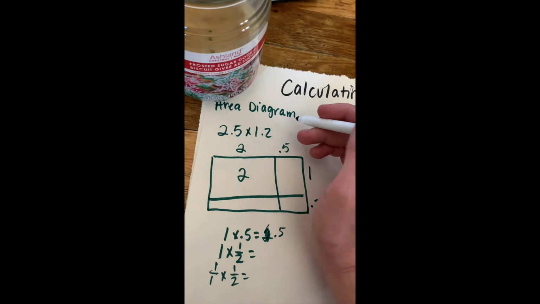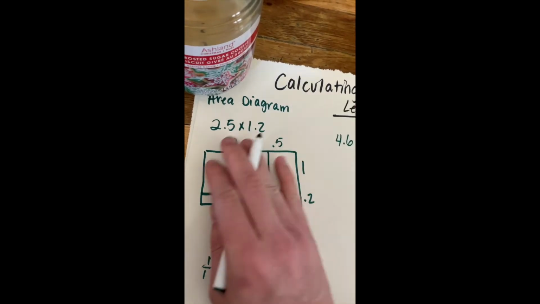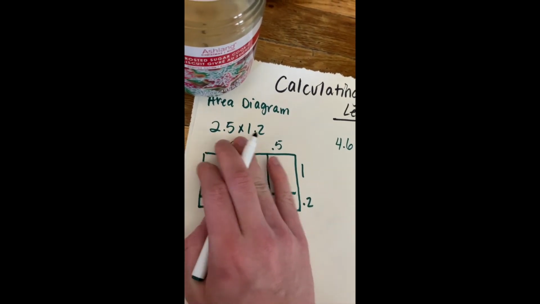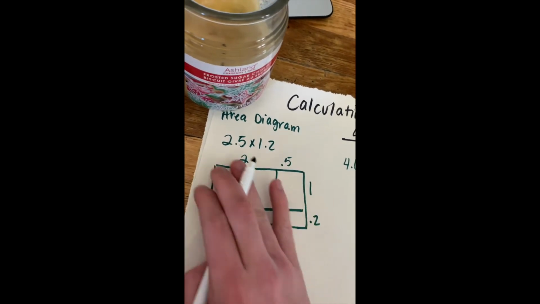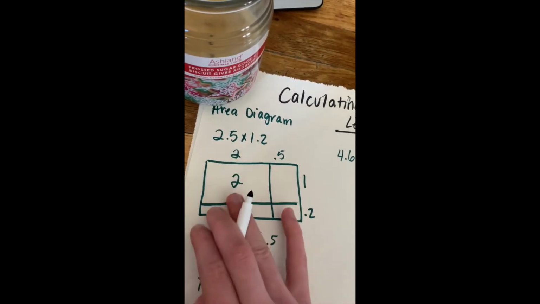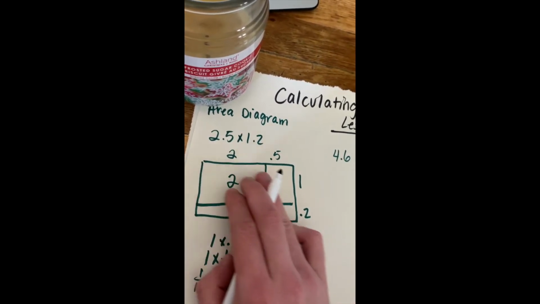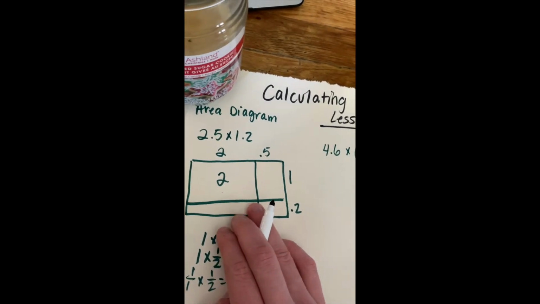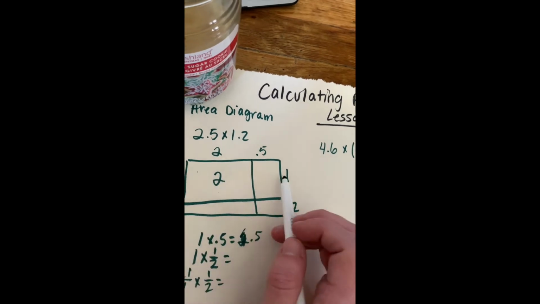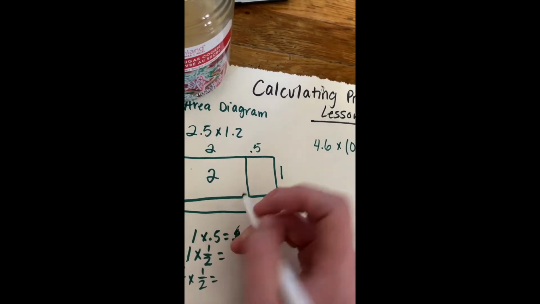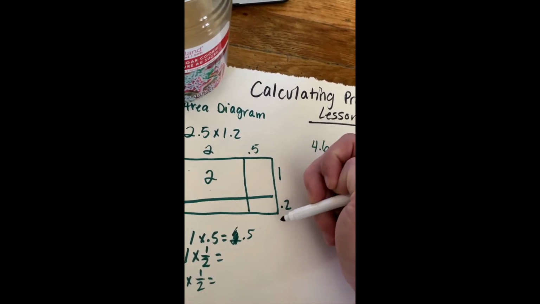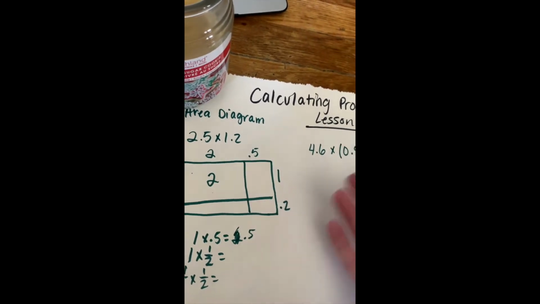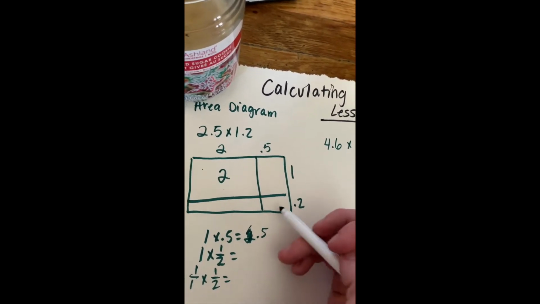So the first model that we'll be working on is an area diagram using the multiplication problem 2.5 times 1.2. Again, we'll draw a rectangle and then label our side lengths of 2 and 0.5, making sure that we partition it. If you want to, you can actually measure this out, 2.5 inches, and this also 1 and 1/5 of an inch, if you are very particular.